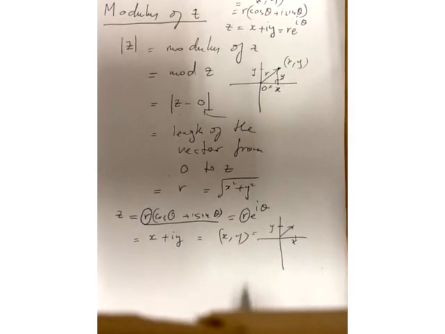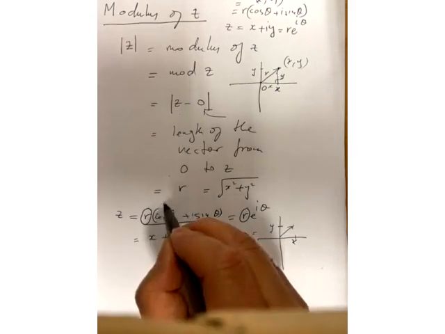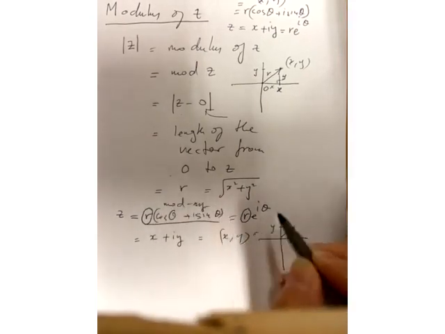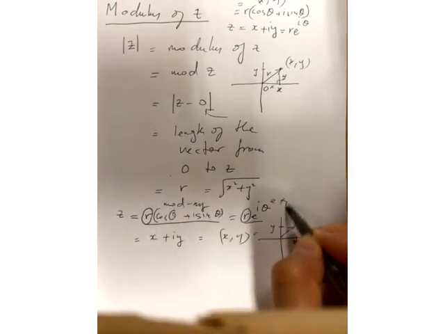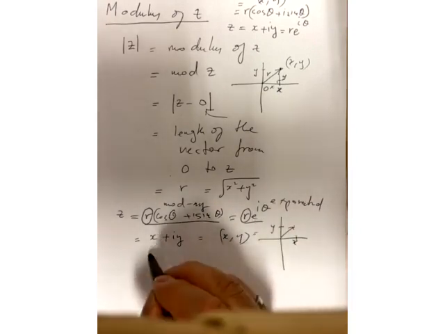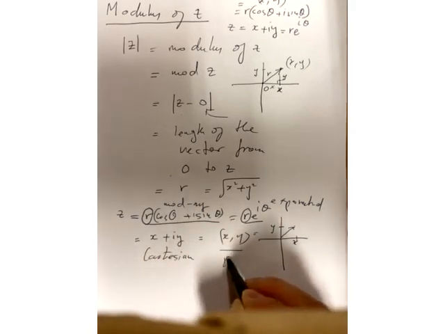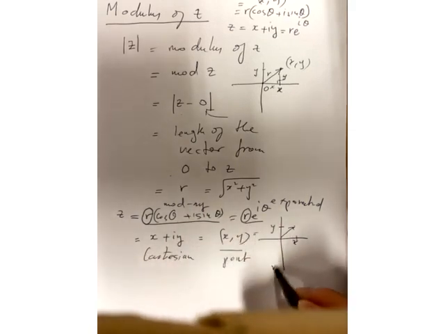As Z, as mod arc form. This is exponential form. This is Cartesian form. This is point form. And this is vector form. It is as a vector.